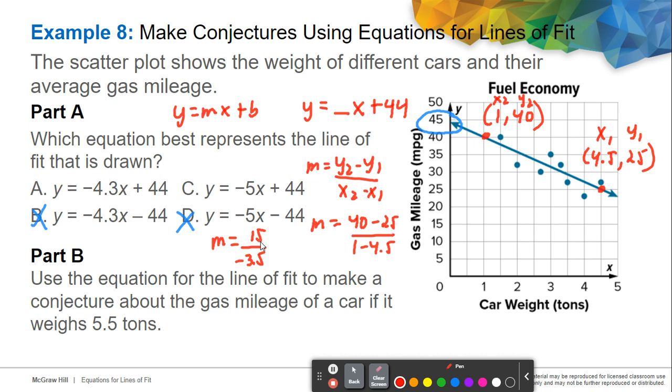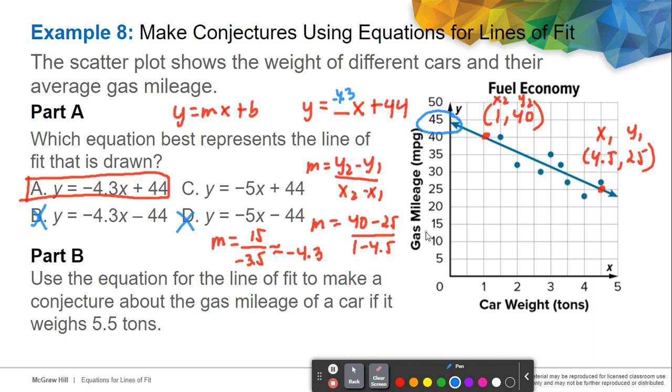If you divide 15 by negative 3.5 using your calculator, it will become negative 4.285. So let's estimate it as negative 4.3, rounding to the nearest tenth. Therefore, our answer is letter A. Our equation will be y equal to negative 4.3x plus 44.